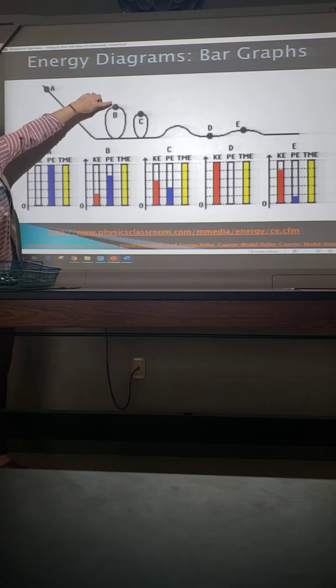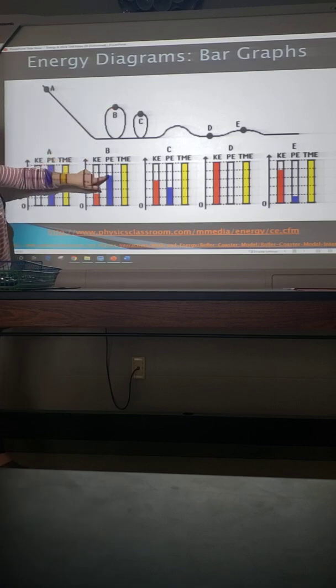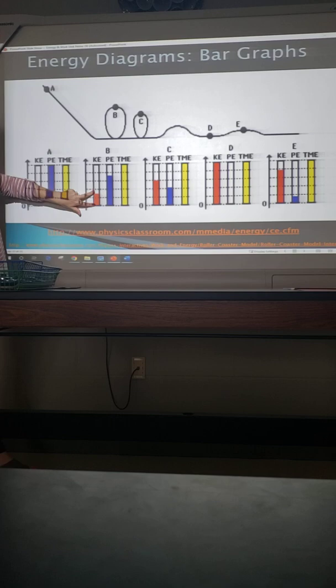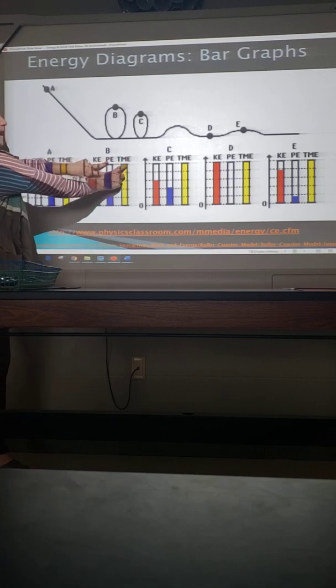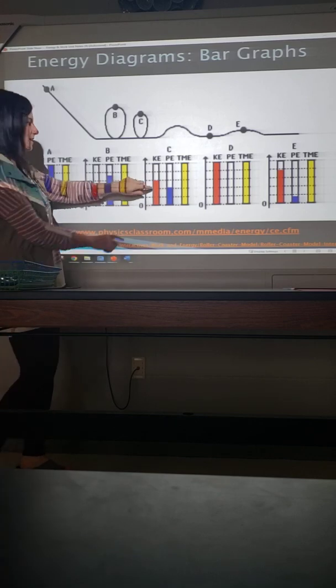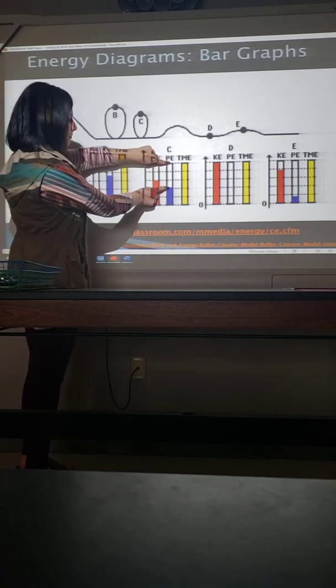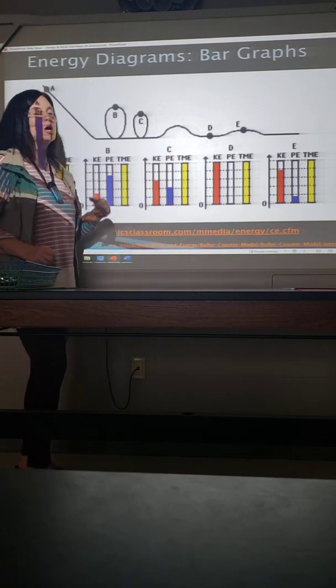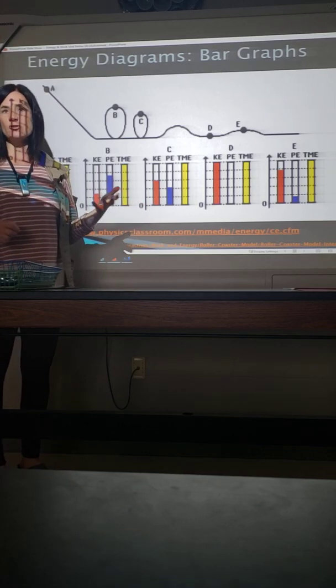And then from there, B is my second highest, so it's going to be my second greatest height for my potential bar. And then whatever you leave open for the potential, it has to be made up for in kinetic. Because if you take the red and stack it on the blue, it has to equal the total. Same thing here. If I take this and stack it on my blue, it's going to equal my total. Because again, we have to represent that that energy is not disappearing.